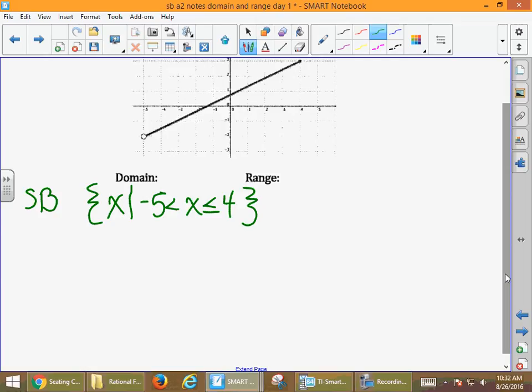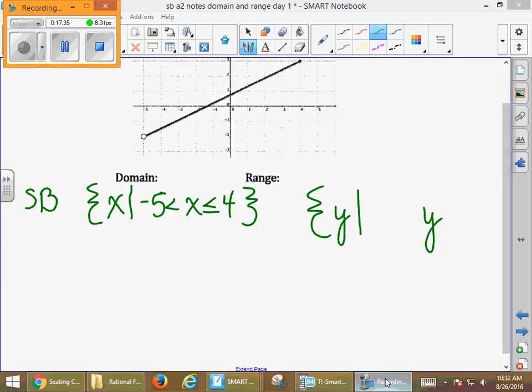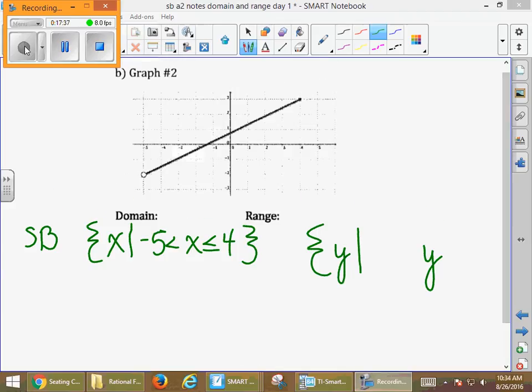So we looked at the minimum, we looked at the maximum. We're going to do the same thing for our range, for all y values such that y is going to be in between. So what is y in between?